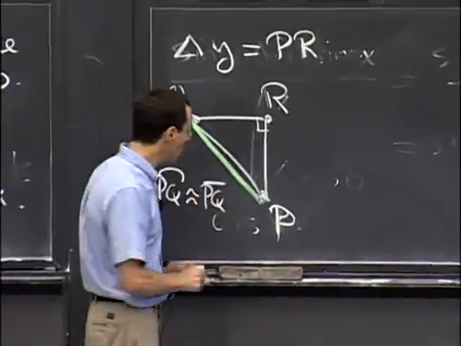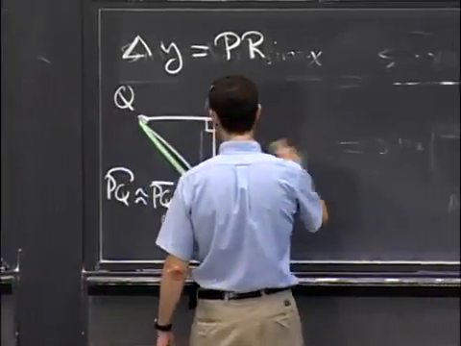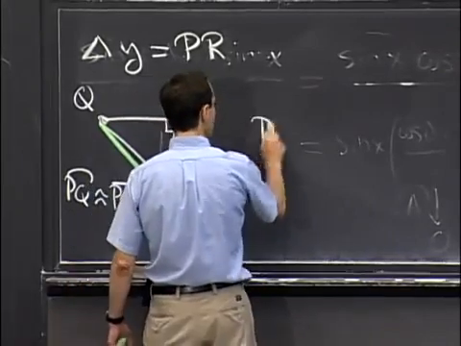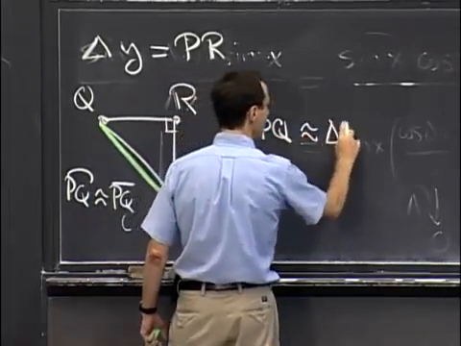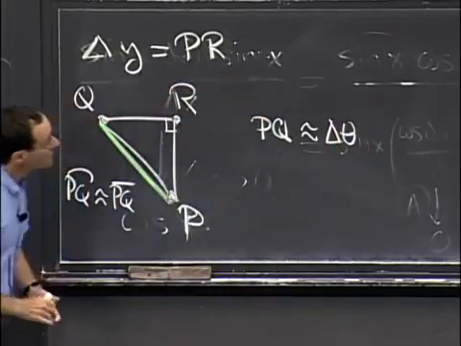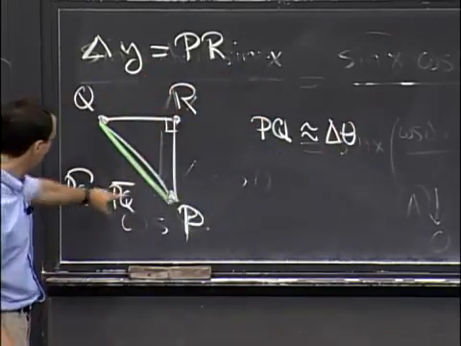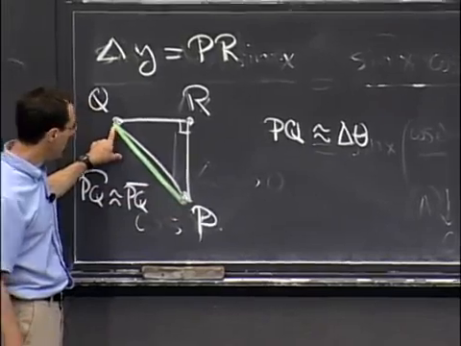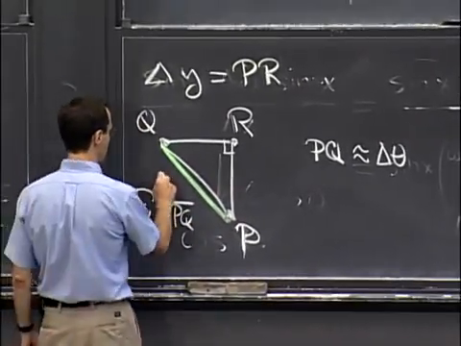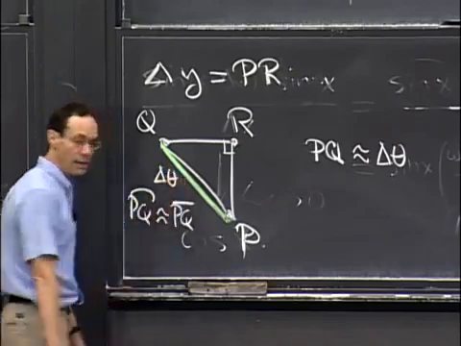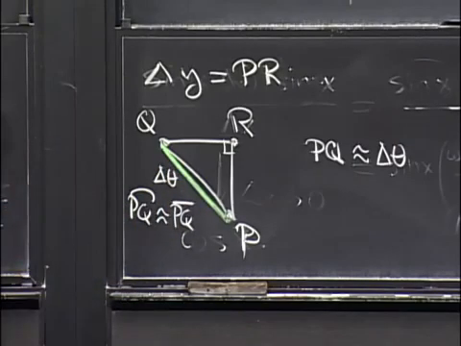Well, we want to use that quantitatively in the following way. What we want to notice is that the distance from P to Q is approximately delta theta, because the arc length along that curve is delta theta, so the length of the green line, which is PQ, is almost delta theta. So this is essentially delta theta, this distance here.